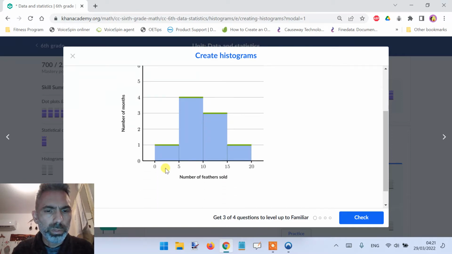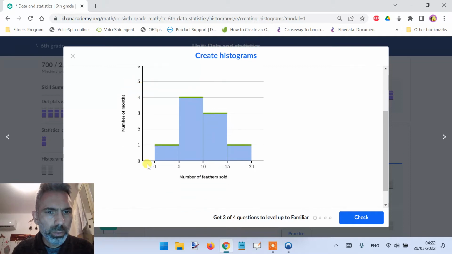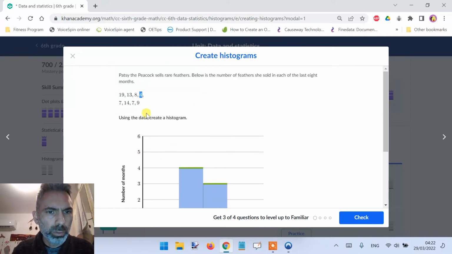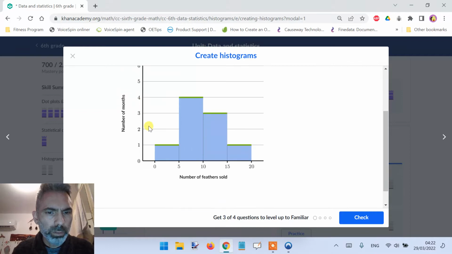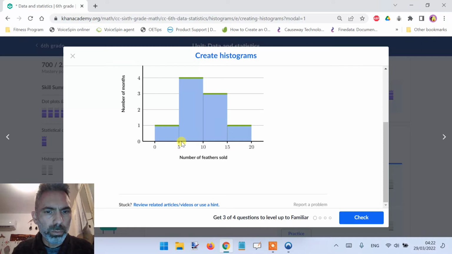Let's make sure between 0 and 5 we have this one, only this month, so this is 1 month where she sold 4 feathers. It falls between 0 and 5, so this bar represents 1 month where she sold between 0 and 5.